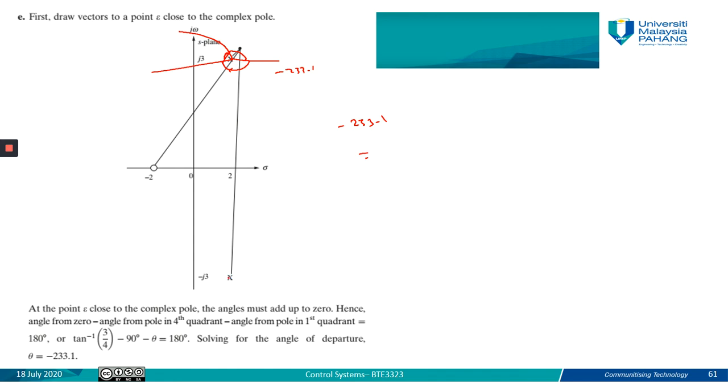The same for the other pole. The angle of departure should be symmetric, so instead of -233, it will be +233.